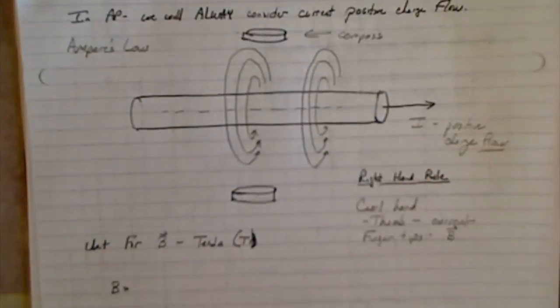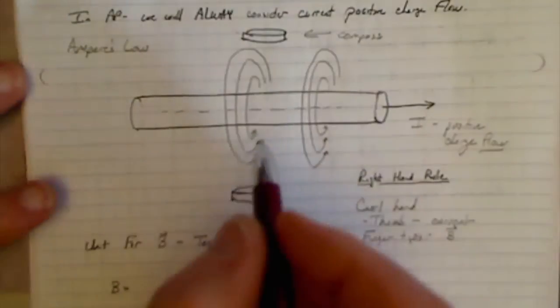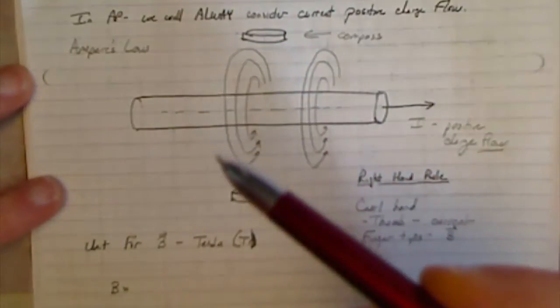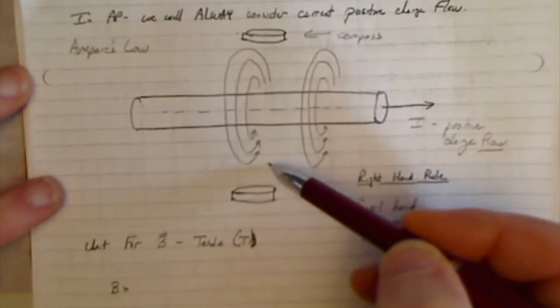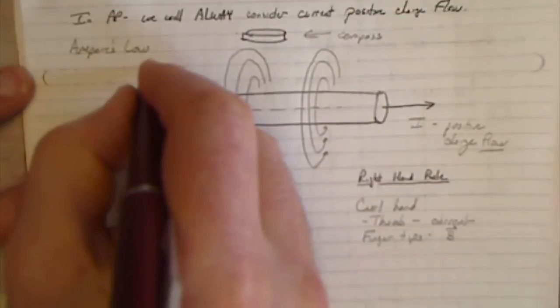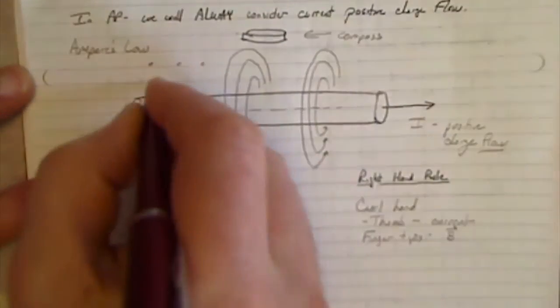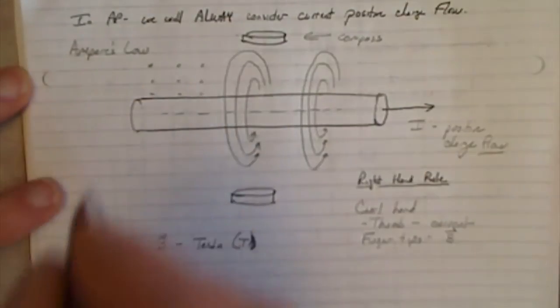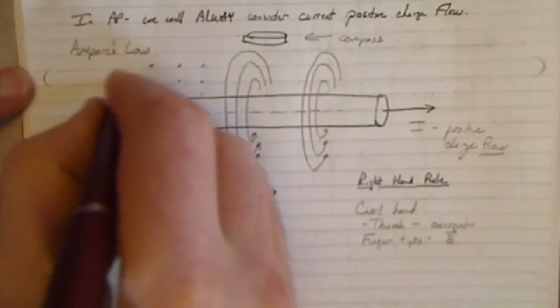Now, I can draw this differently. This magnetic field is coming out of the page above and into the page down below. So what I can do is put a field of dots above the wire, and those dots mean out of the page.